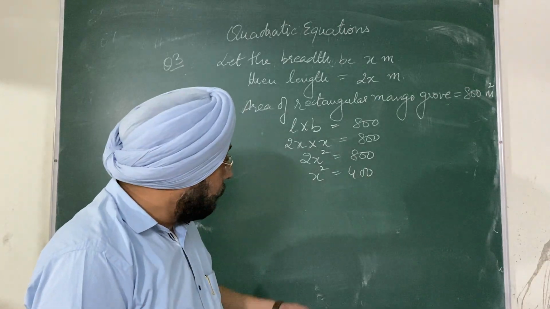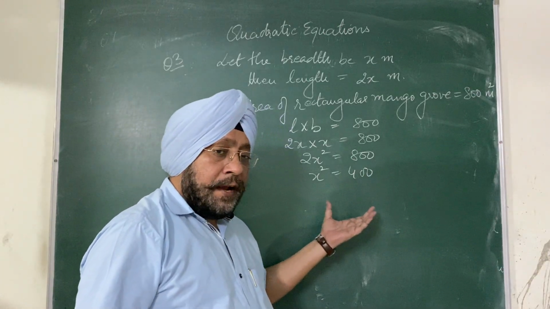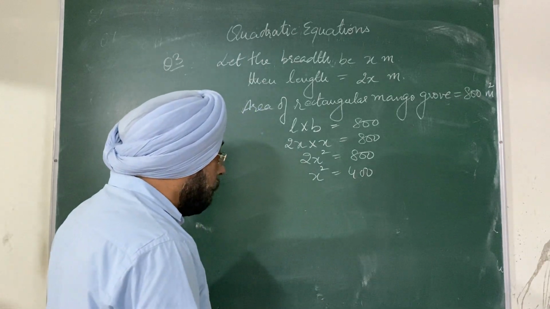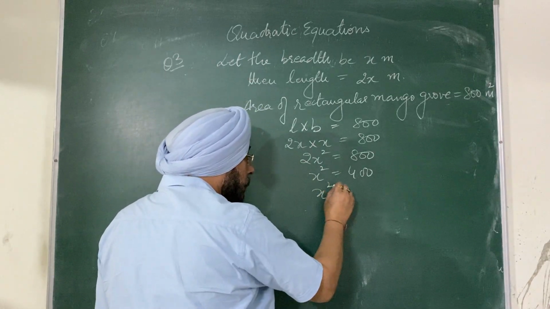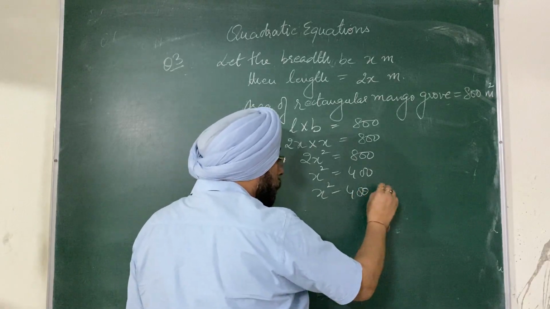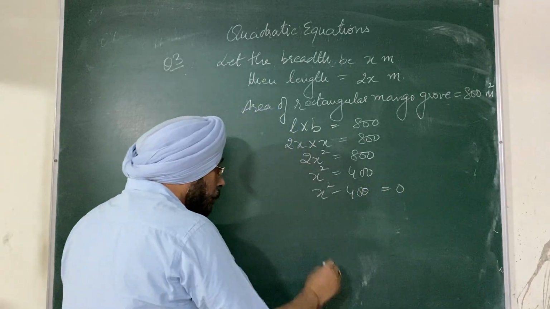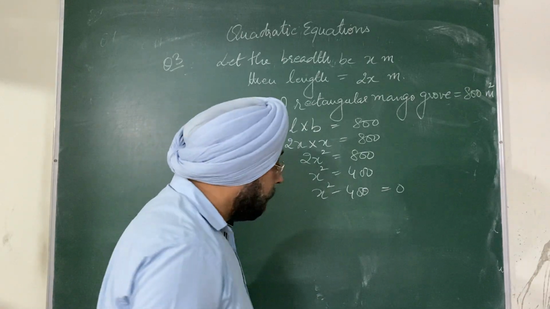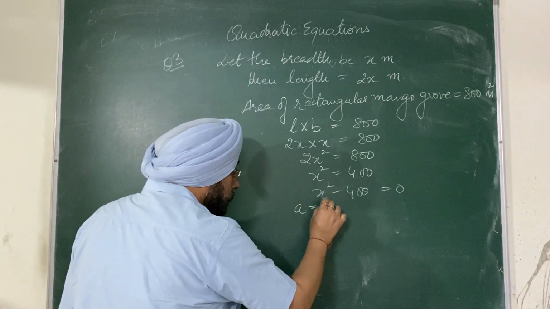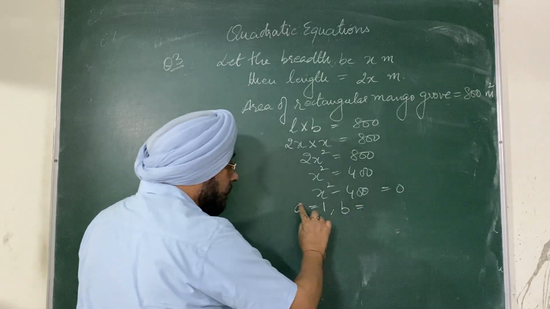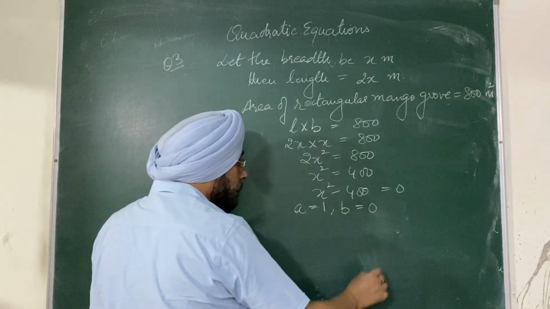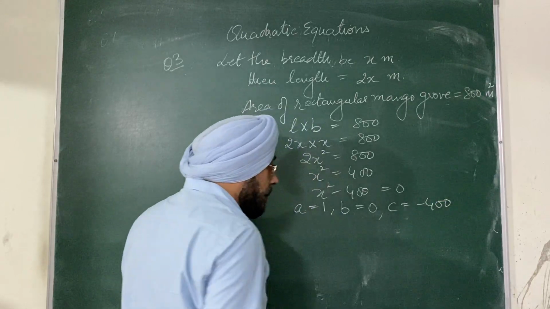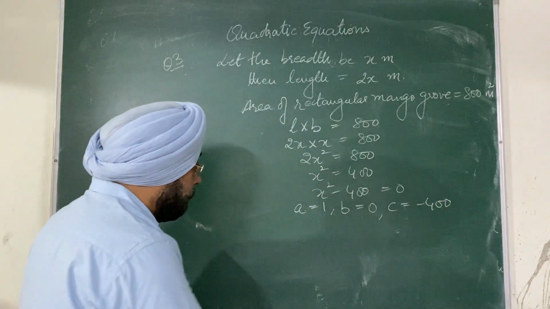Now see, from here we are able to find the value of x directly, but what we have to do is convert this equation into a quadratic one to find the value of D, because we have to check the situation. So A is equal to 1, since we have no x term, B becomes 0, and the constant term is minus 400, so C is equal to minus 400.